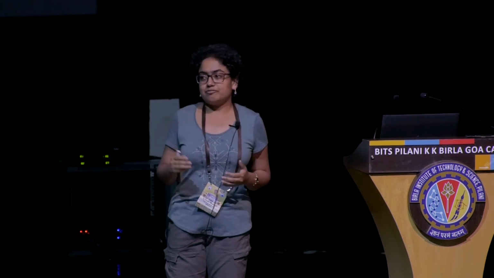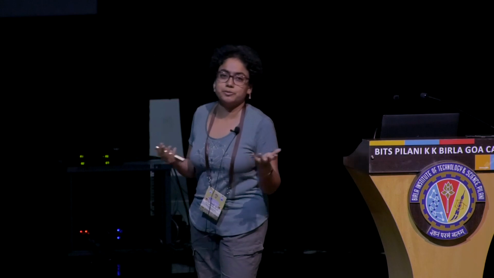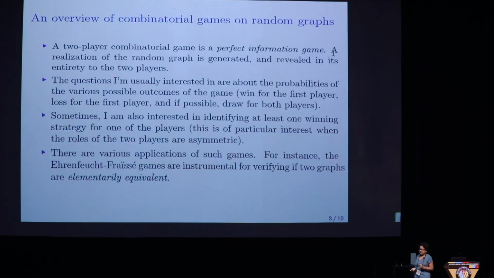What does that mean? That means that there is a notion of quantifier depth, which is involved with first order logic. So let's say that you have a given quantifier depth, a positive integer, some k, okay, so it could be 10, for example. And you look at all possible first order sentences. These would be some graph properties, some local graph properties actually, of quantifier depth, let's say 10.